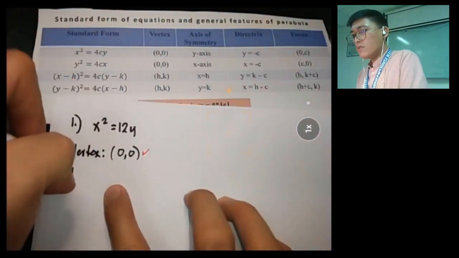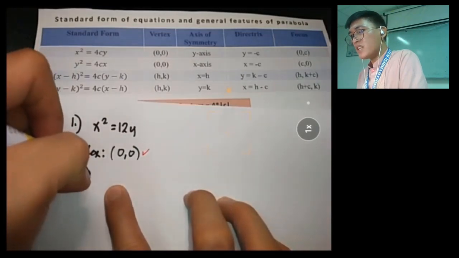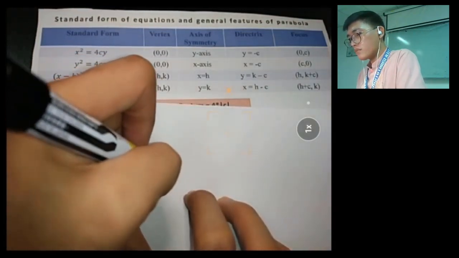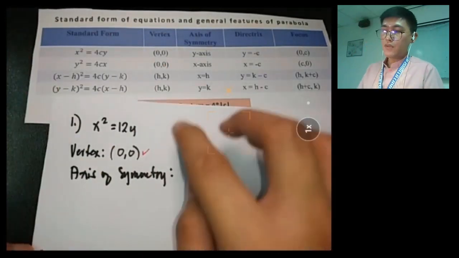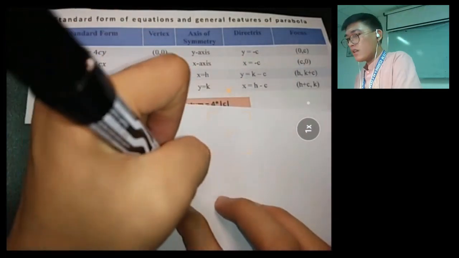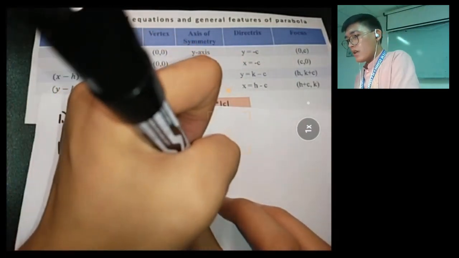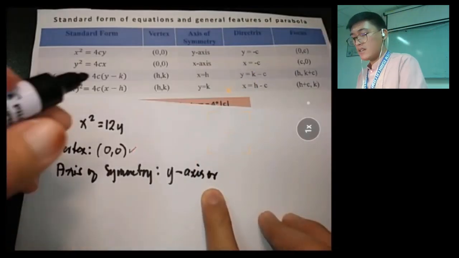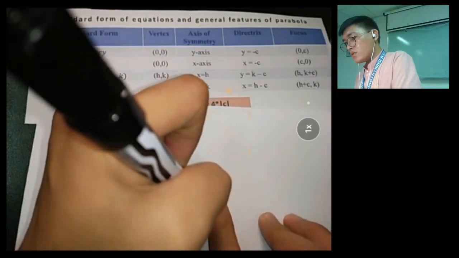And for the axis of symmetry, we have here the y-axis. You just copy that. Y-axis, or in general mathematics, if we say y-axis, it can also be x is equal to 0.